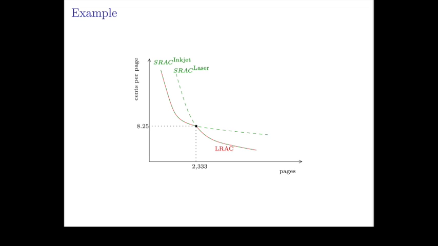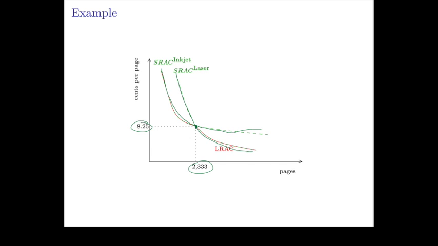So with a picture, your average cost curve, if you look at the inkjet, is this one. And for the laser printer, it's this one. So this point right here where they're equal is 2,333 point something. And that's when the average cost is 8.25.